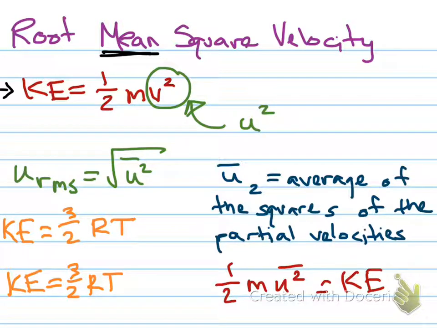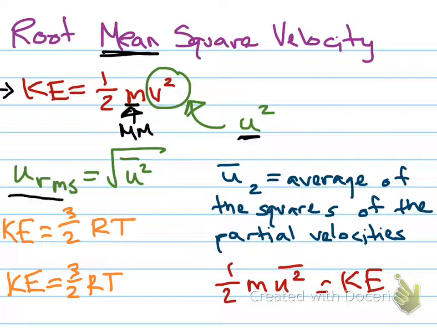But in this scenario, we are talking about molecules and atoms. So the kinetic energy equals 1/2 the mass, and we can't really get the mass of a single atom, so we actually use the molar mass, times velocity squared. And this velocity, we change it to U in chemistry.